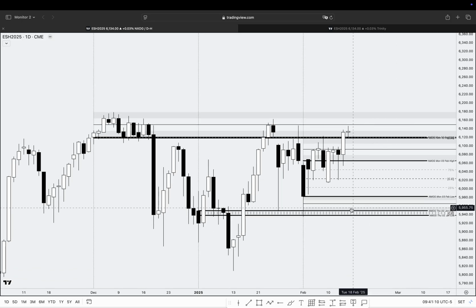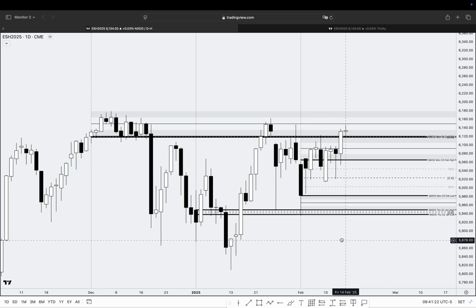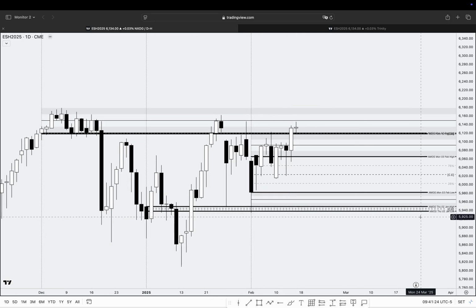We are basically moving from fair valuation from one month to another area of fair value into the monthly range. So in this month, we open in February and we reach perfectly the yearly open, the new month opening gap of January, taking this sell side liquidity aligned with the gap.